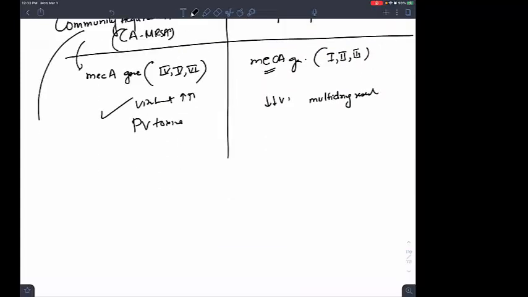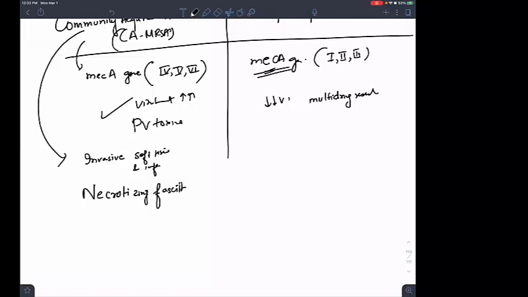Which infections can CA-MRSA cause? The community acquired can cause invasive skin and soft tissue infections. Invasive means it can penetrate. For example, necrotizing fasciitis, a necrosis infection of the fascia.